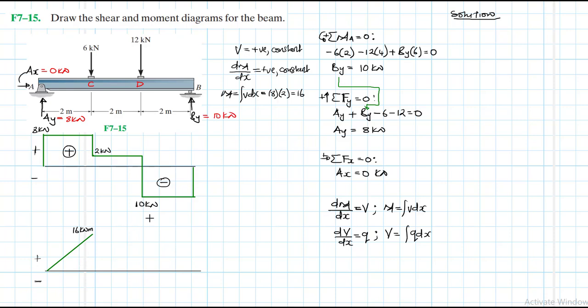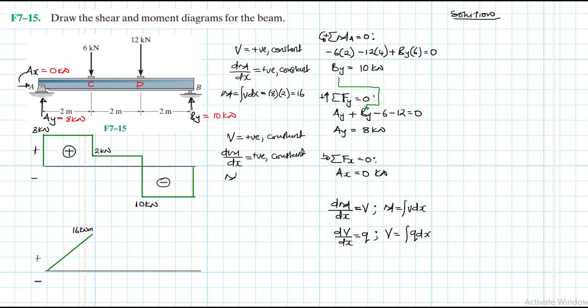And then what happens from C to D? From C to D, our V is again positive and constant, a positive value of 2. Therefore, our dM/dx will also be positive and constant.